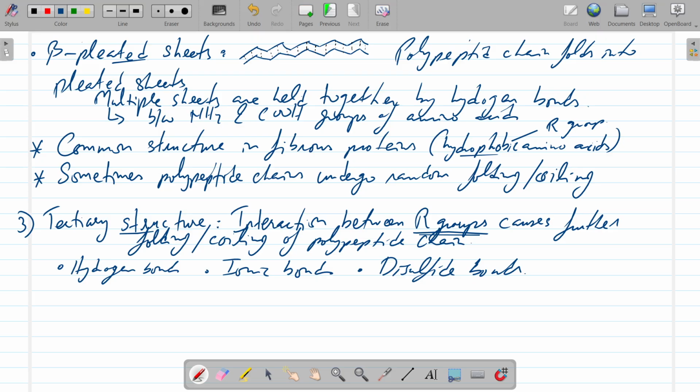And then finally you have the quaternary structure. And this structure is only applicable to proteins that are made up of more than one polypeptide chain.